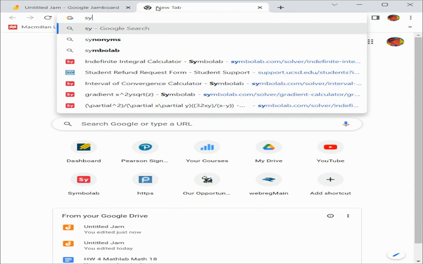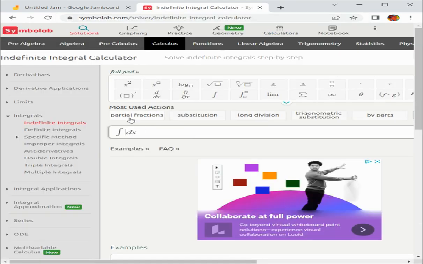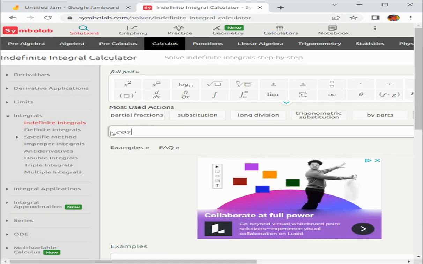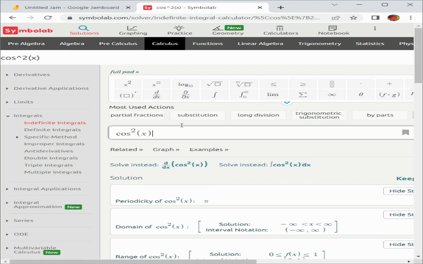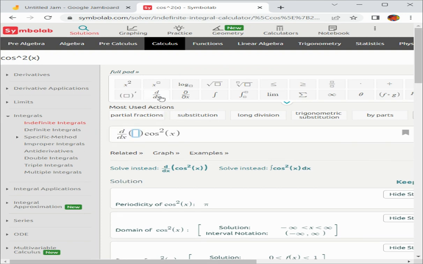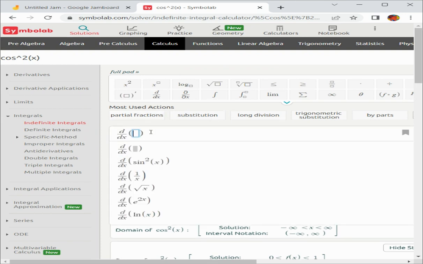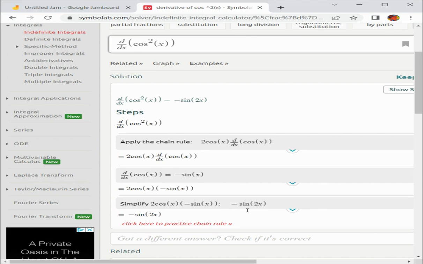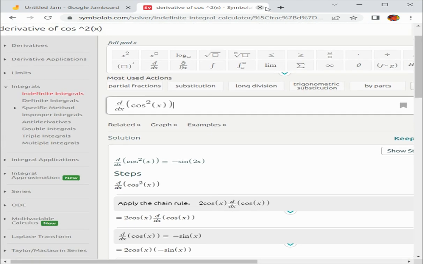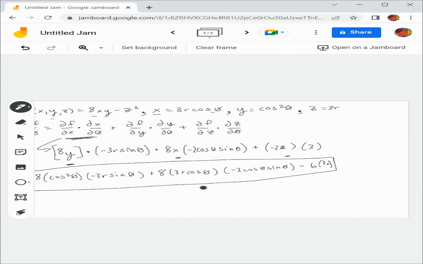Let me go to SimLab and get the derivative of cosine of square root of 2 x, because I might be screwing myself over by the cosine interval. No, I'm doing it right. Does it want me to change this to negative sine 2 theta? I'll do that if that's needed.